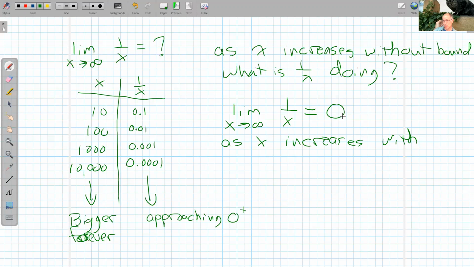We don't actually get that number, we just get close to it. Then 1 over X approaches, but doesn't ever get to, 0 in this case. And this is the definition of a horizontal asymptote.